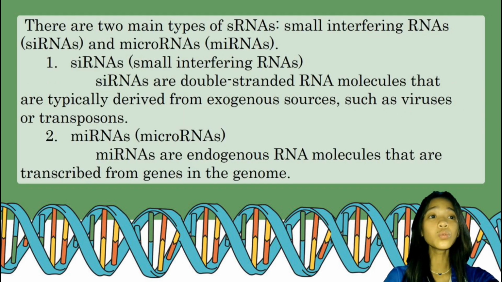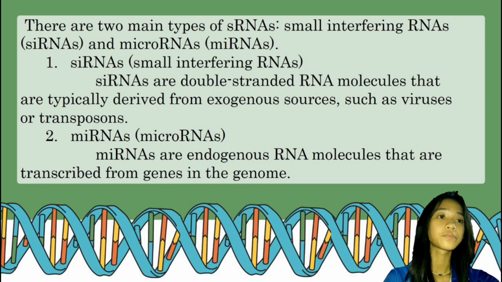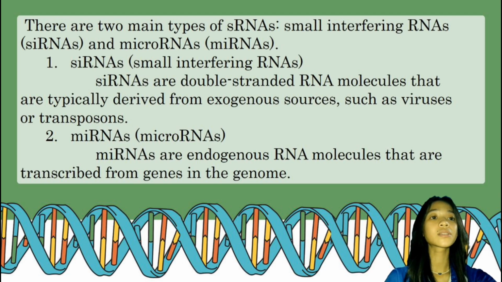So, there are two main types of sRNAs: small interfering RNAs, also known as siRNAs, and microRNAs, also known as miRNAs.